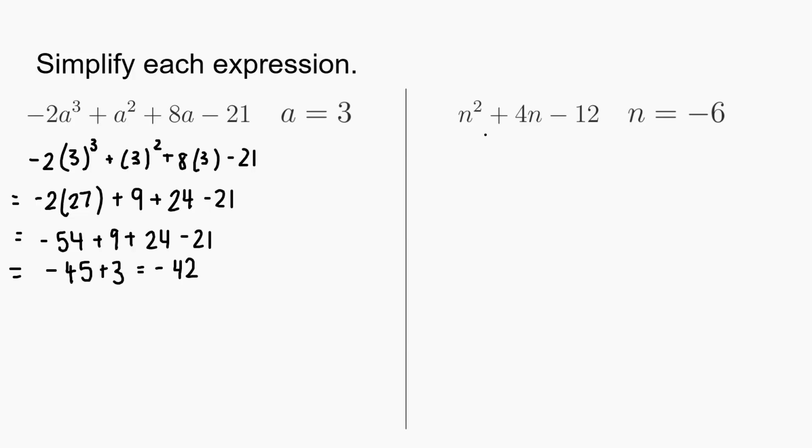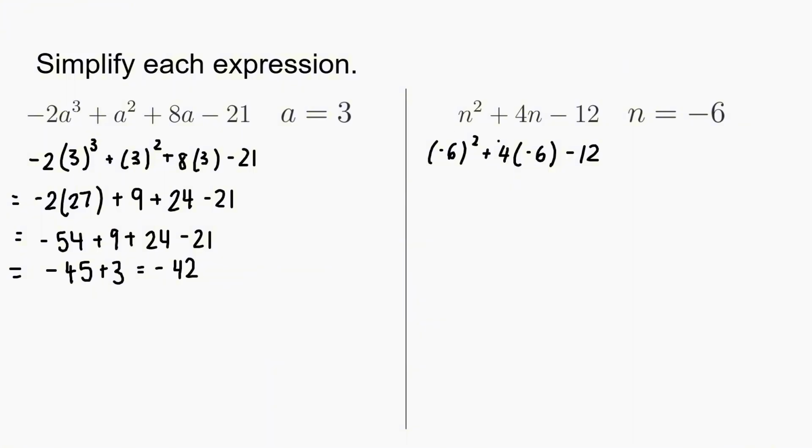What about this one? We have n squared plus 4n minus 12 when n equals -6. We do the same thing as before. We plug in -6 into n here. So we get (-6) squared plus 4 times (-6) minus 12. Whenever I plug in values, I like to plug them into parentheses.